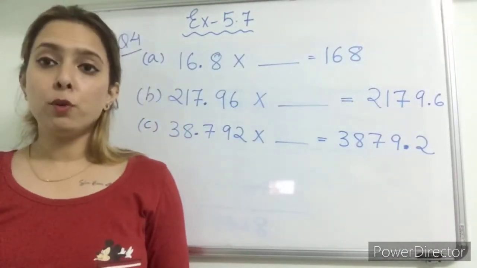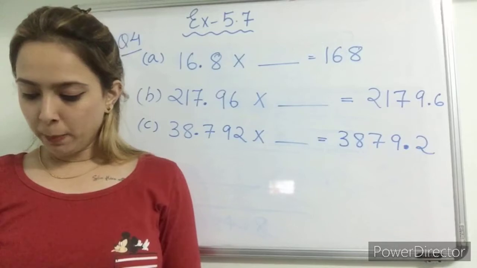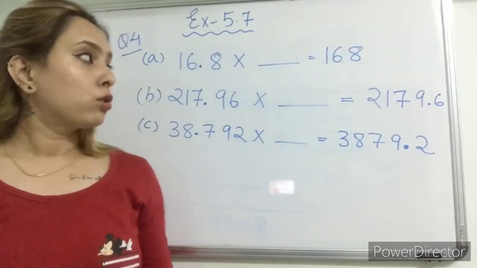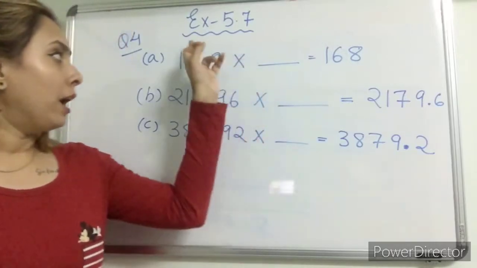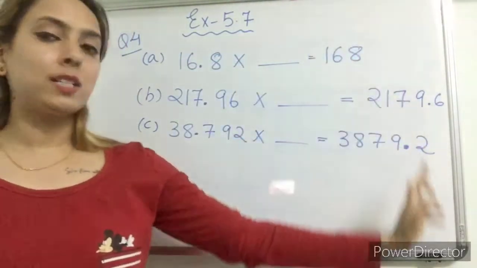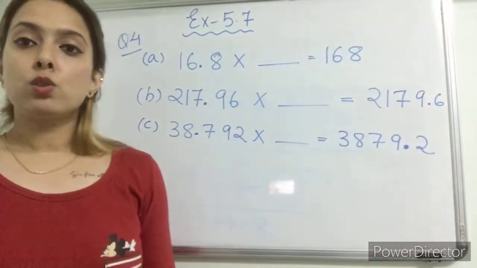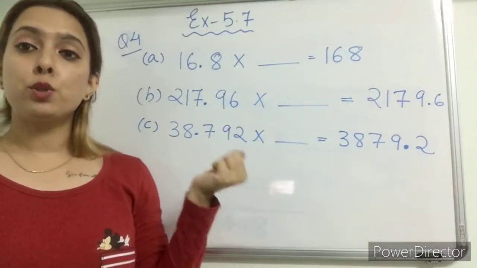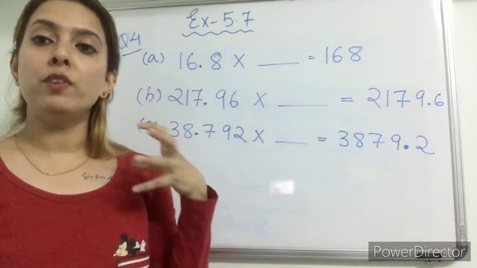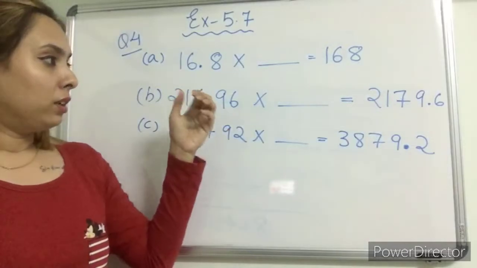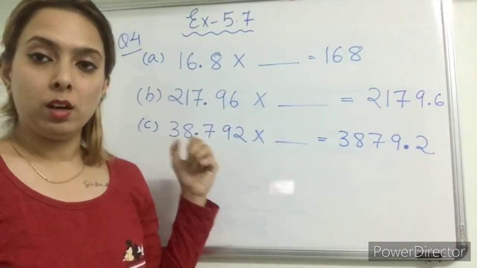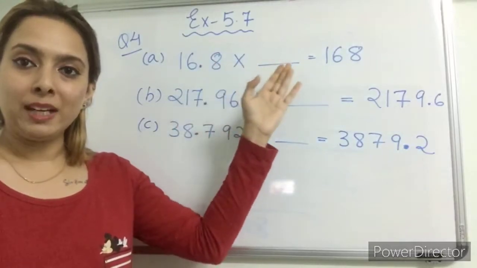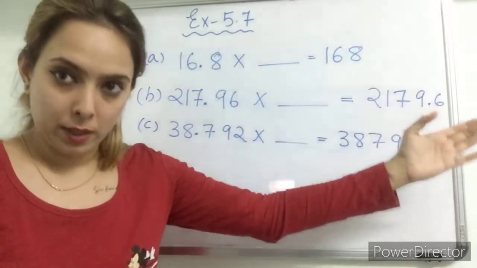Question number 4 is: find the multipliers in each of the following. We have to find out the multipliers. Multiplicands are given to us and products are given to us. You all should be very careful. If you get these kinds of questions, first you will see the multiplicands and the product.